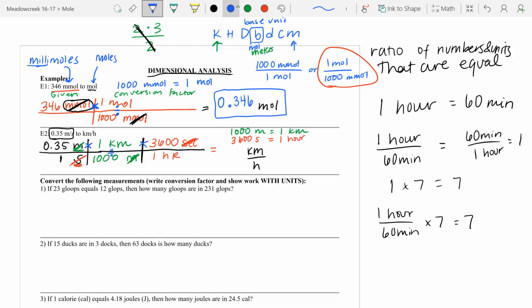If you divide by 1, it's still 1. It doesn't change the answer at all. So we're going to keep going with this, and we get as our answer, oh man, we get 1.26 kilometers per hour as our final answer, which is great.